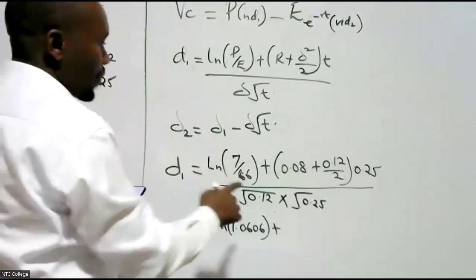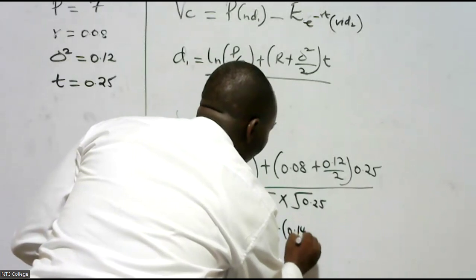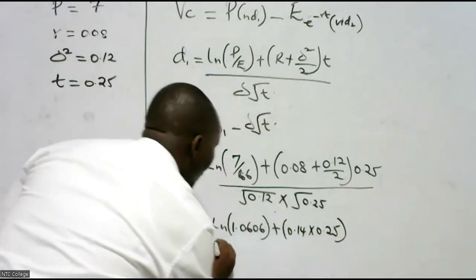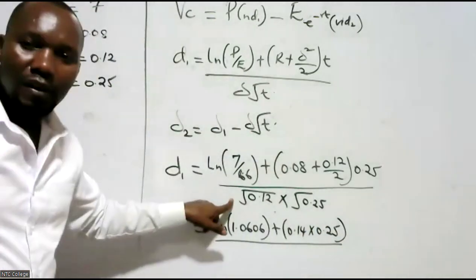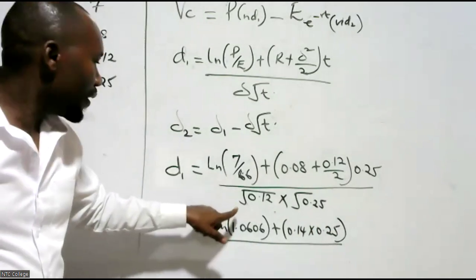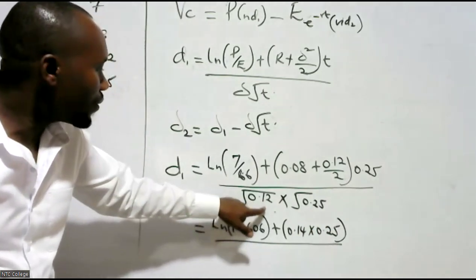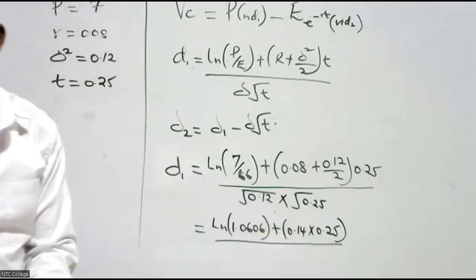That is 0.06 plus this one, we have 0.14 times 0.25. All these over. What is the figure here? Topista, calculate for me as square root of 0.12 times square root of 0.25. Calculate for me that.